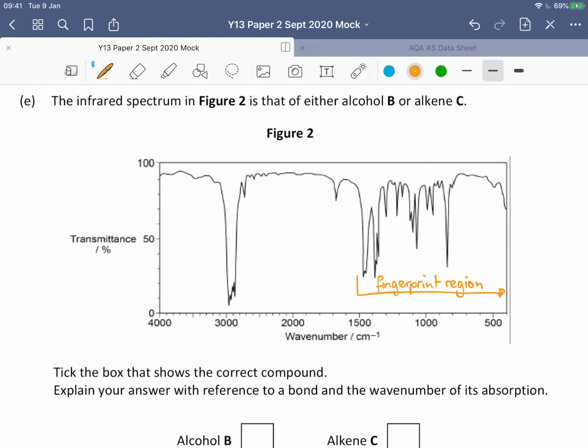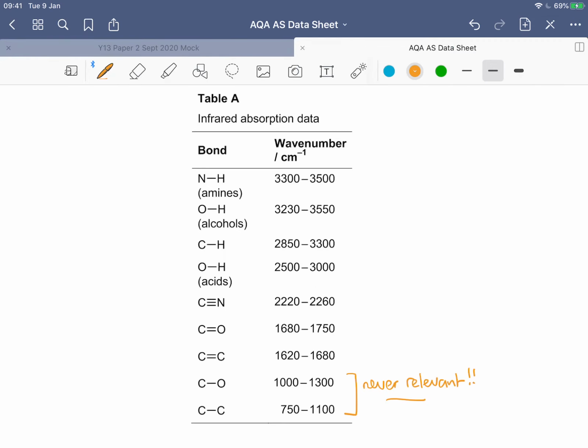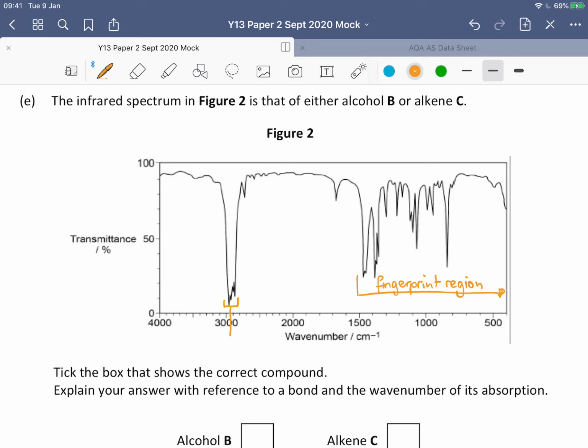The other thing to point out is that in any IR spectra that you look at at A-level, you will always have this region, just below 3,000, 3,000 to 2,800. It's always this. The CH is always present.